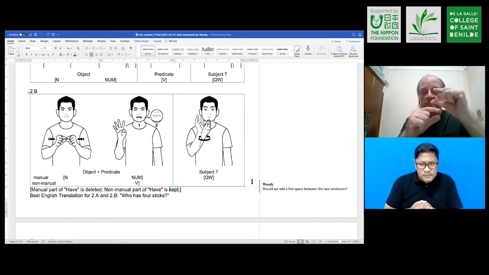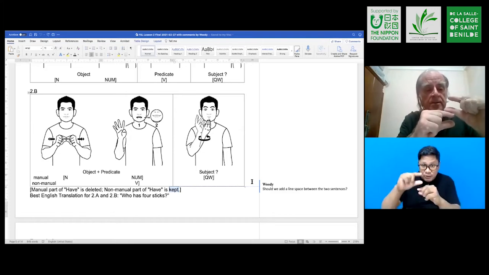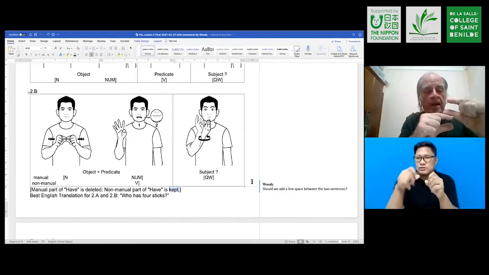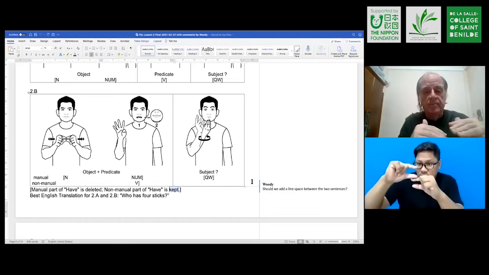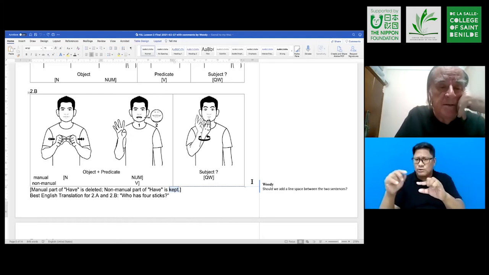So you have manual and non-manual in the example like this, no space in between, and then after the example see if you can put a space in between the sentences below.